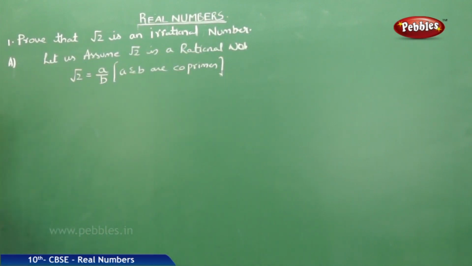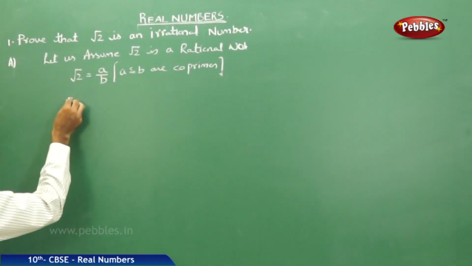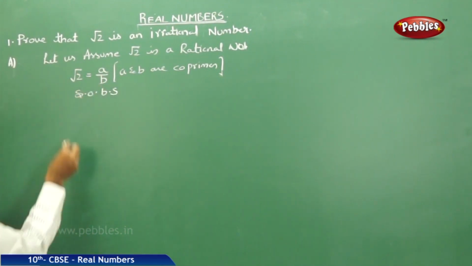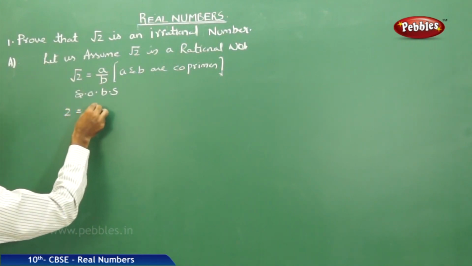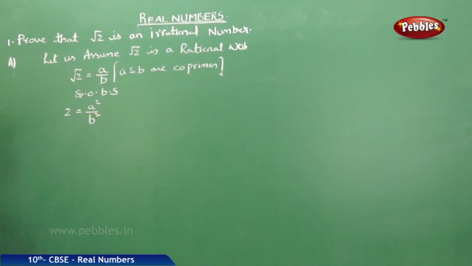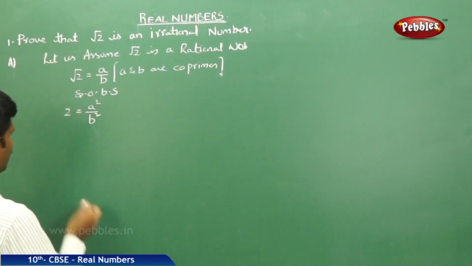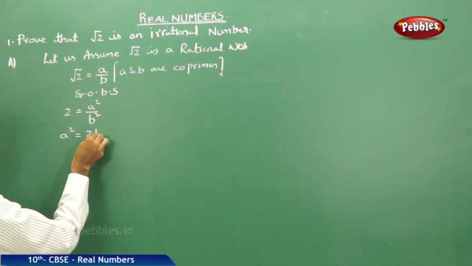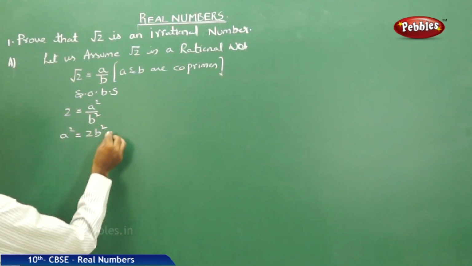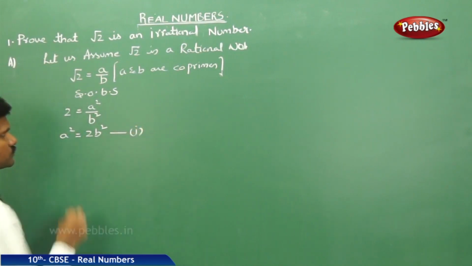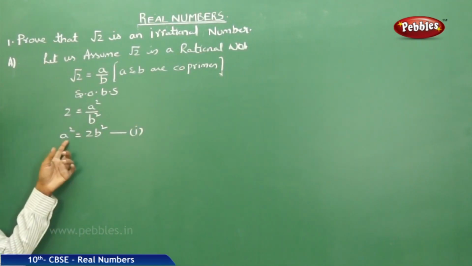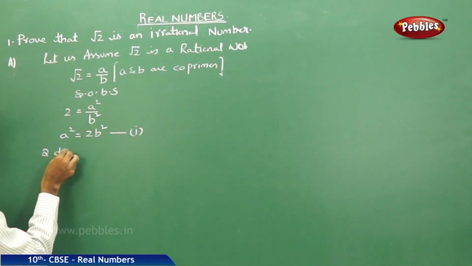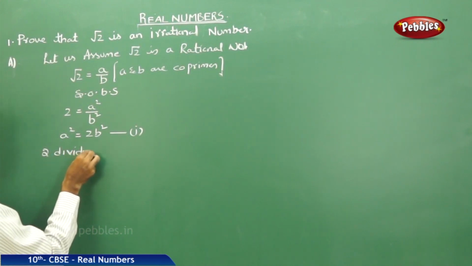Now suppose root 2 is equal to a by b. Squaring on both sides, 2 is equal to a square by b square. Now cross multiply: a square is equal to 2b square, which is equation 1. This means 2 divides a square.